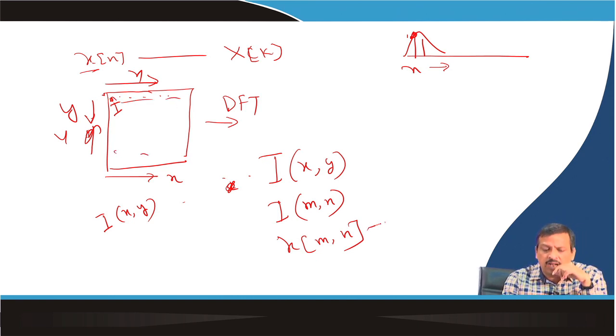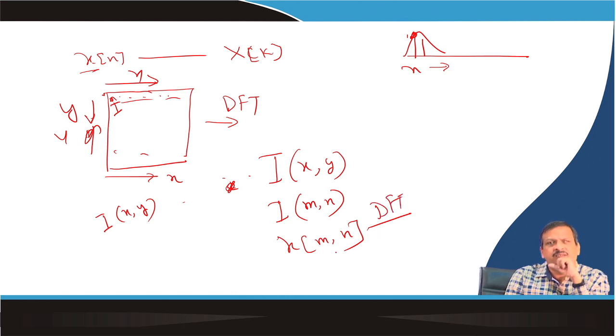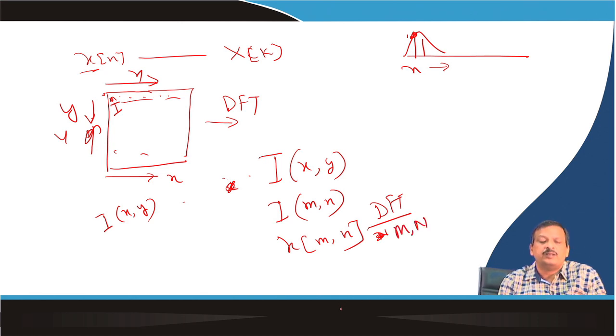I have to do the DFT of this. So, I have two dimensions, and I have to do the DFT in two dimensions. I can take the DFT of one dimension and then go to the other dimension. So, I have to take M and N number of DFT. When I say M and N number of DFT, the summation sign will be two.